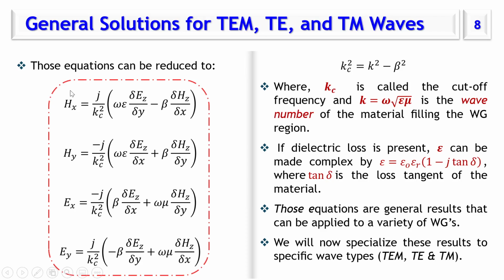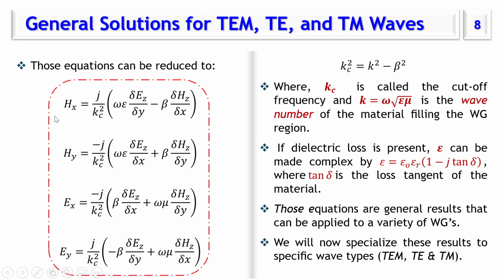So the equations have been reduced to 4 equations: Hx, Hy, Ex, Ey. All of them depend on Ez and Hz. So we wrote the transverse components of the magnetic and electric fields in terms of the longitudinal components of the electric and magnetic fields.